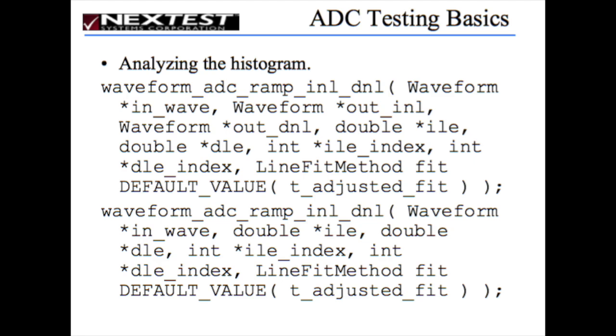And then you give it variables to get the ILE index and the DLE index. Same as the DAC, you give it the line fit method, and the default is T-adjusted fit. Waveform, ADC, ramp, INL, DNL: you give it the waveform, and you get basically just two outputs, the ILE and the DLE, and you can look for the index if you want.